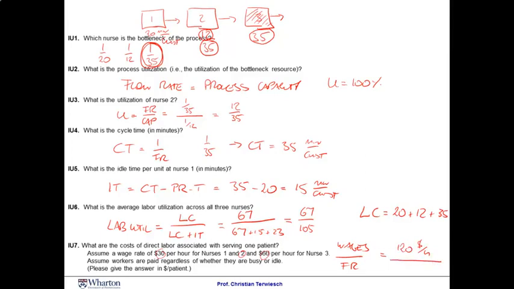The flow rate, we said, was 1 athlete every 35 minutes, and now, careful with the units, this is customers per hour, so we multiply this with 60 minutes in an hour, and that gives me then a total of $70 per customer.